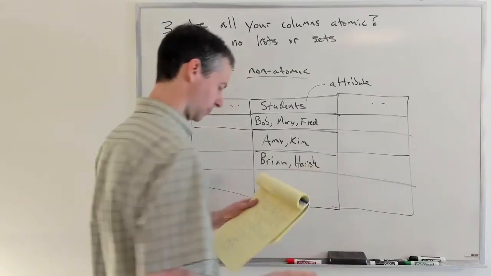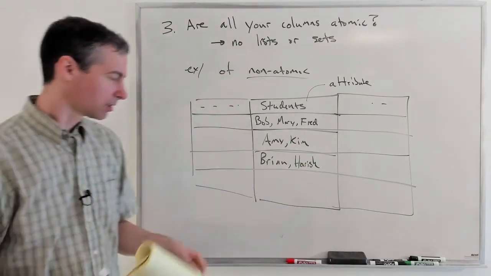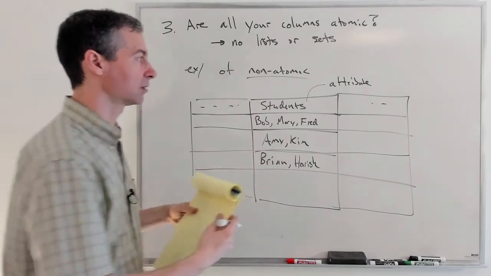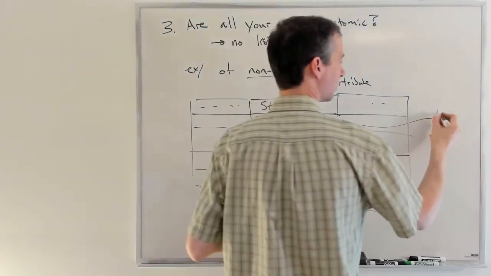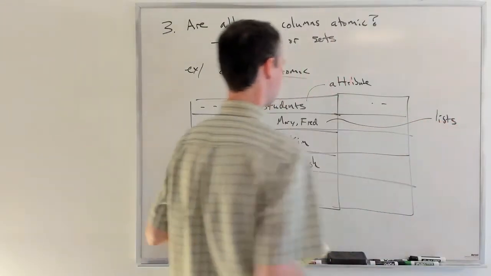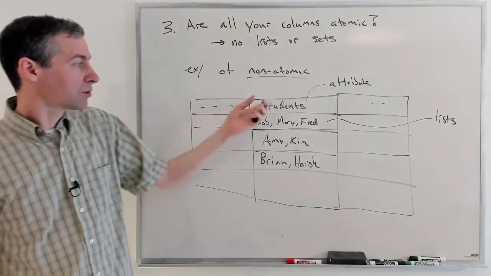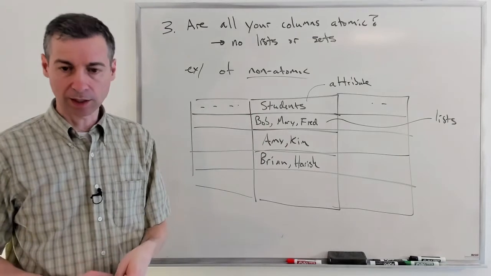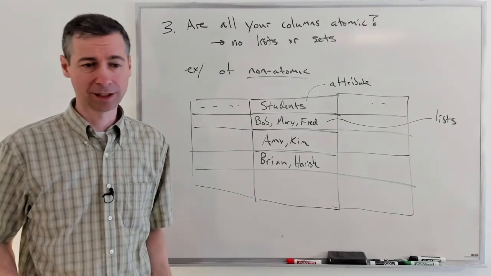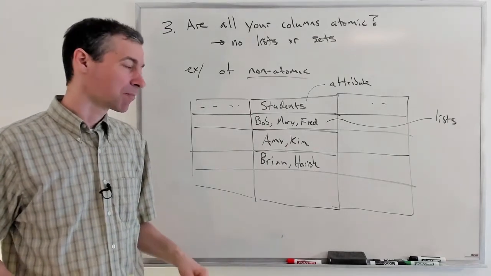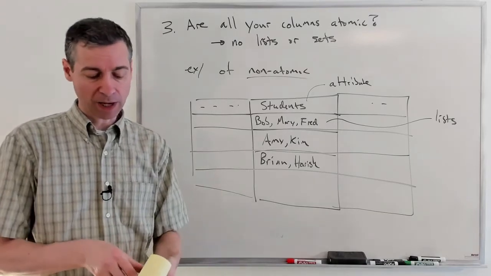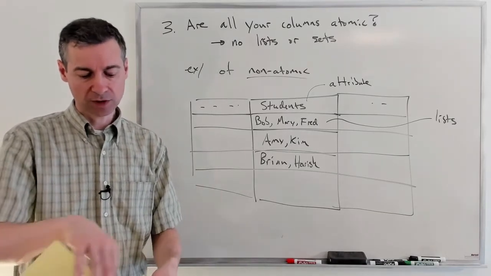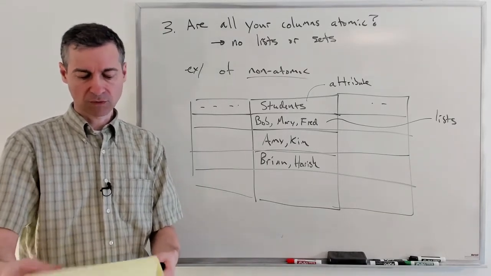Who knows? What we have here is we're storing lists. So the students column has a list of names in it. Bad idea.